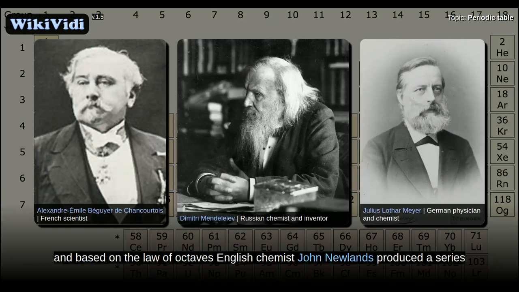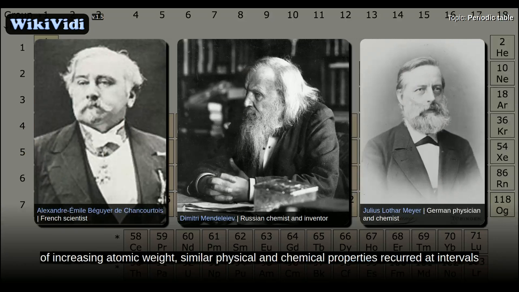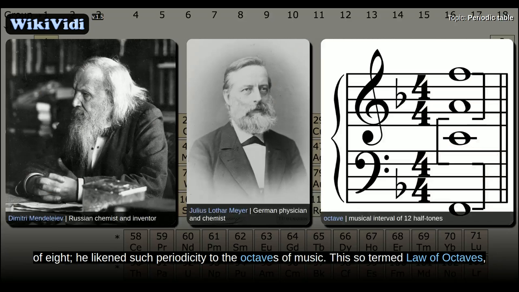And based on the law of octaves, English chemist John Newlands produced a series of papers from 1863 to 1866 noting that when the elements were listed in order of increasing atomic weight, similar physical and chemical properties recurred at intervals of 8. He likened such periodicity to the octaves of music.